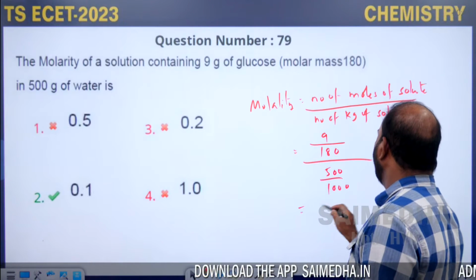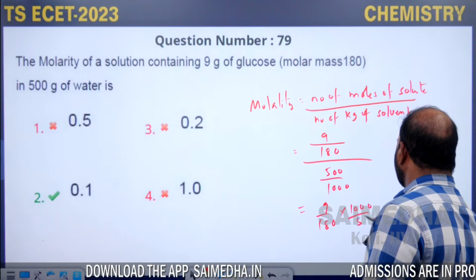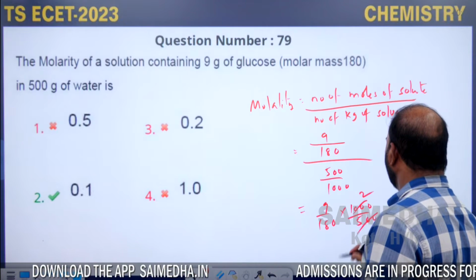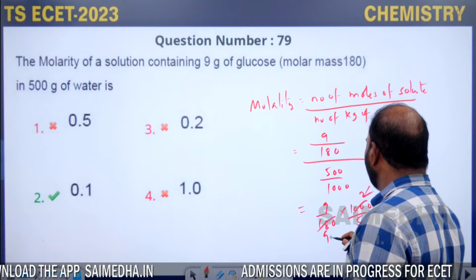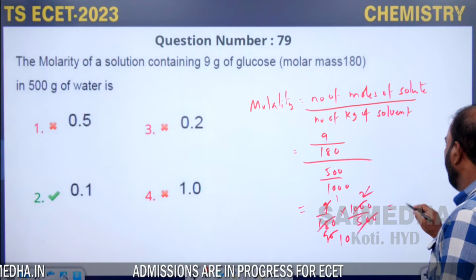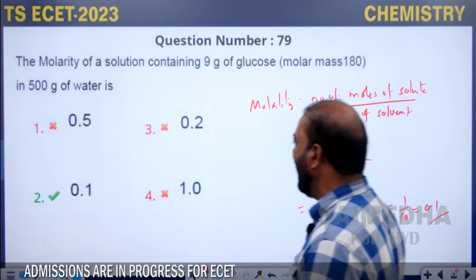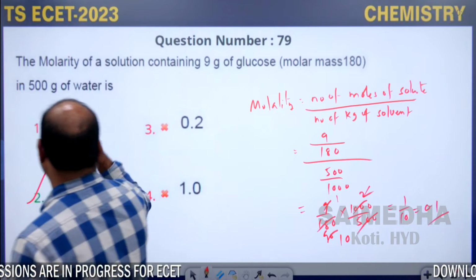So 9 by 180 into 1000 by 500. Cancelling 500 and 1000, and 9 into 90, finally we get 1 by 10, which is 0.1. 0.1 molal, so 0.1 is the answer.